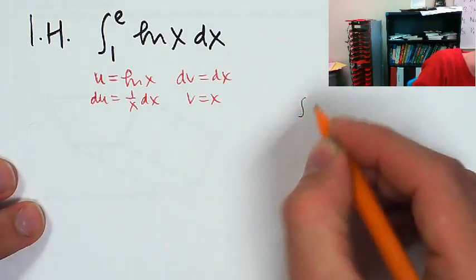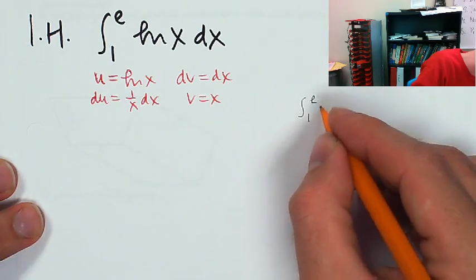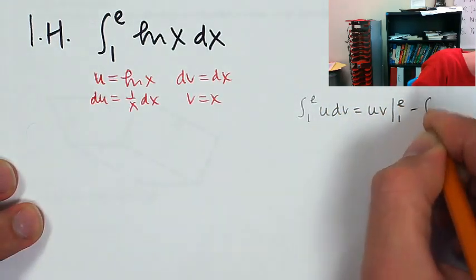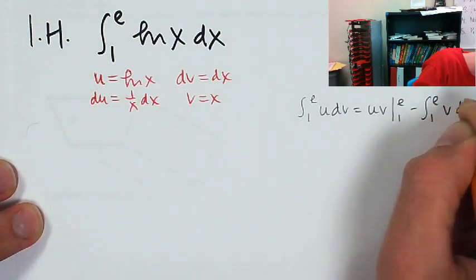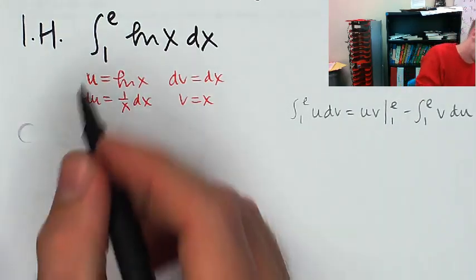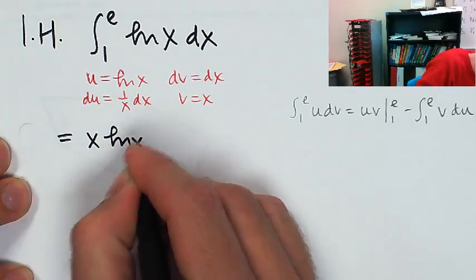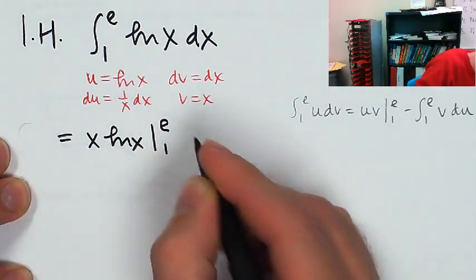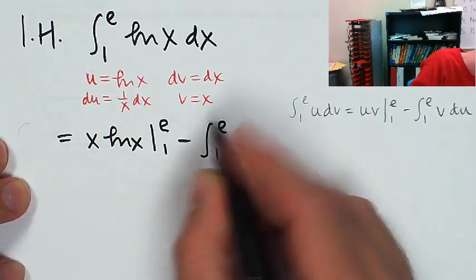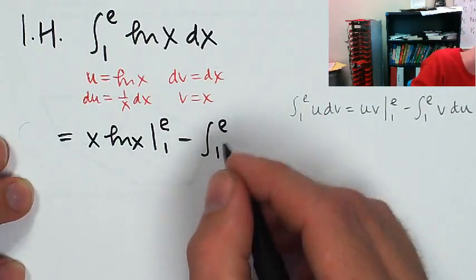And this time I'll remember to do it in one go. Now I've got it all set up. This is equal to u times v, so x log x as x runs from 1 up to e, minus the integral from 1 to e of v du, which is x times 1 over x dx, just 1 dx.